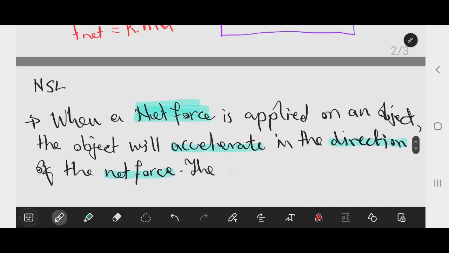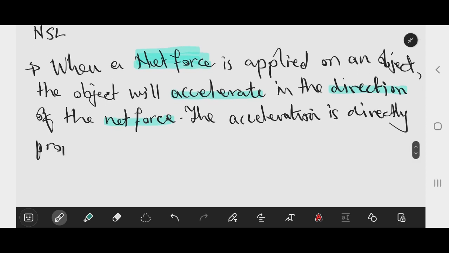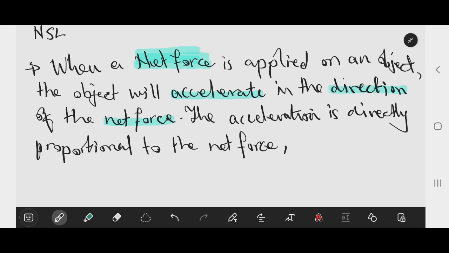So we say the acceleration is directly proportional to the net force. Meaning the larger the net force, the larger the acceleration. The smaller the net force, the smaller the acceleration, right?